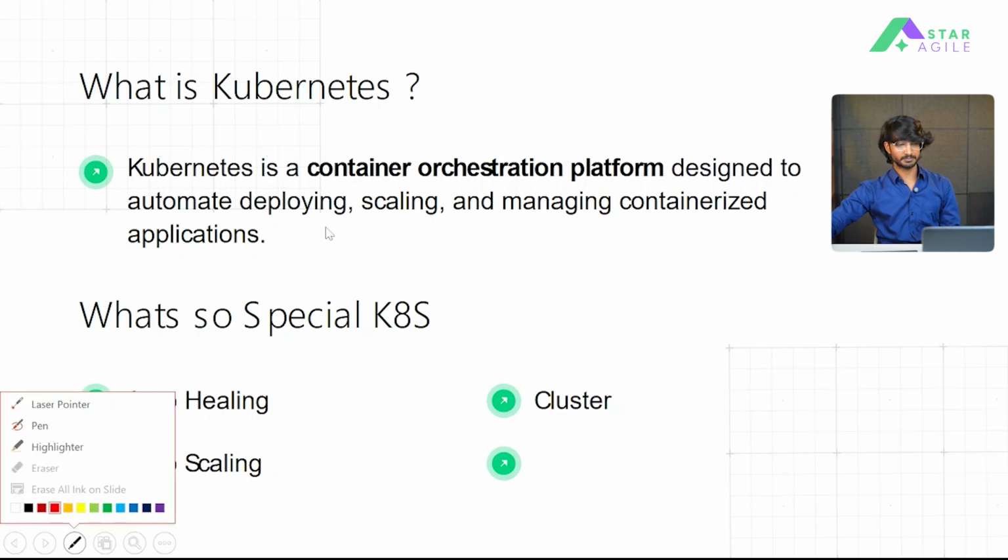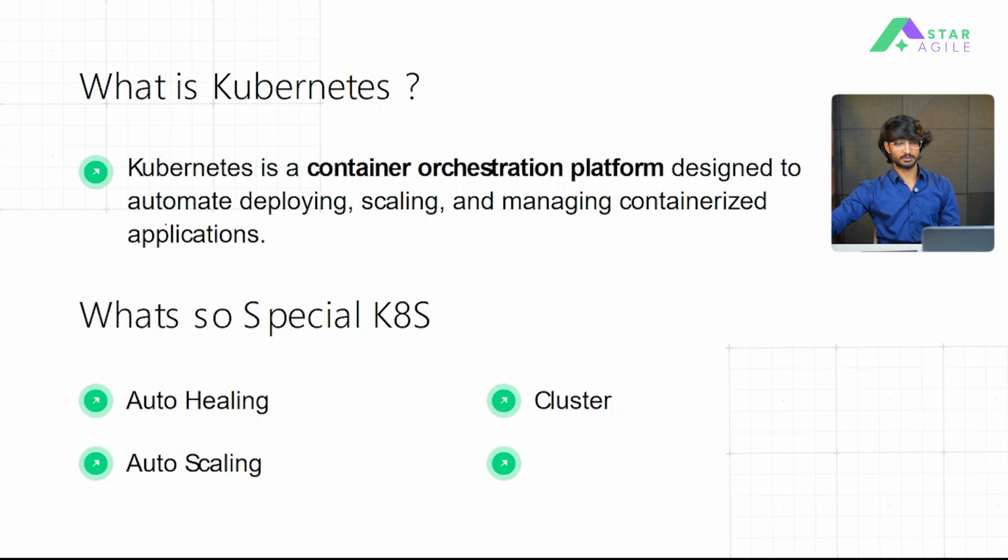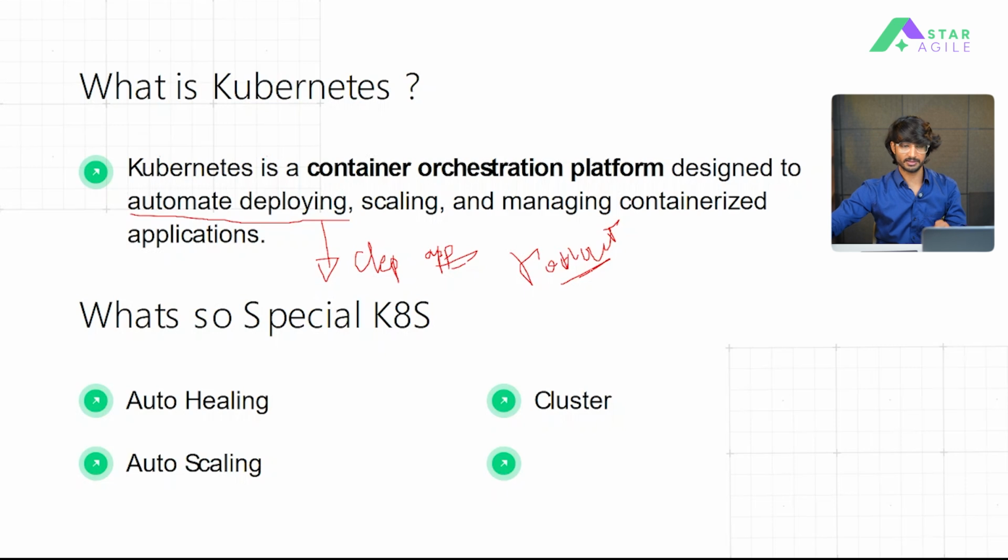As we saw just now, one problem Kubernetes is trying to solve is automating the deployment of applications. That is what we call a rollout, or rolling out an application.